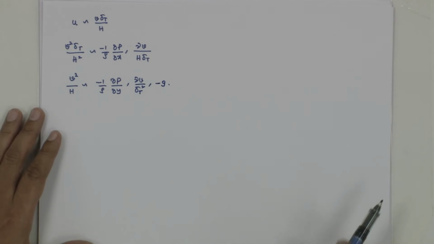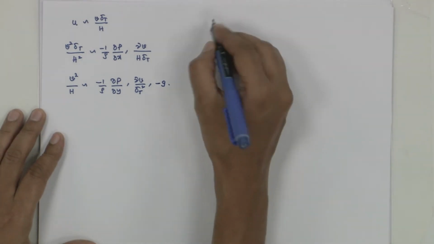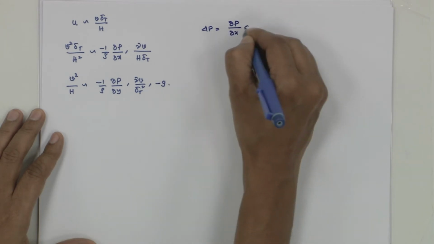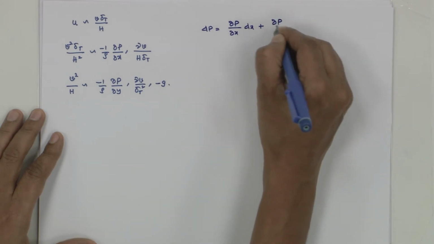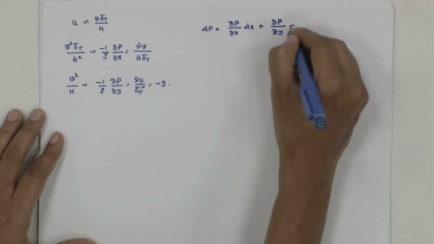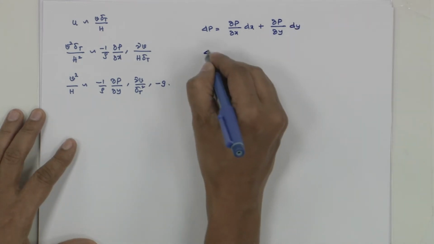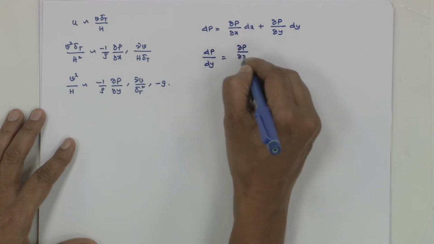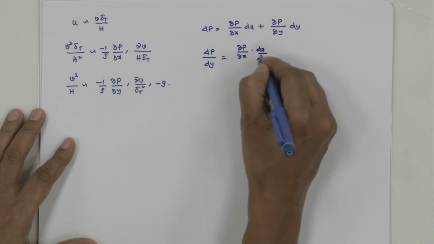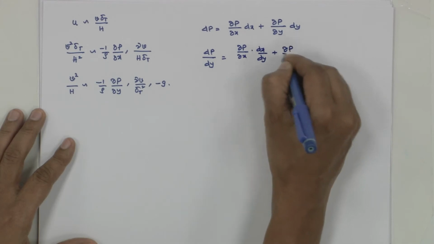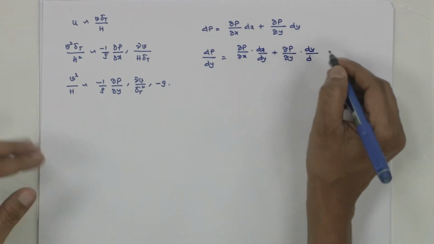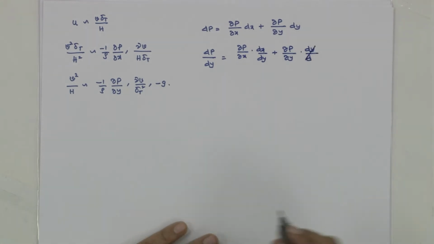Now let me write dp equal to del p by del x into dx plus del p by del y into dy. Divide throughout by dy. dp by dy equals del p by del x into dx by dy plus del p by del y into dy by dy, that's it.